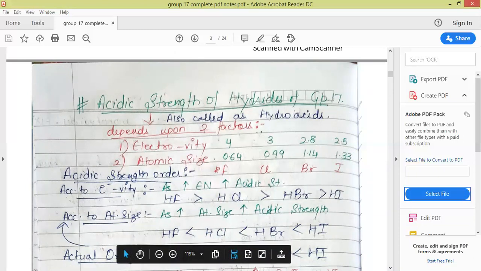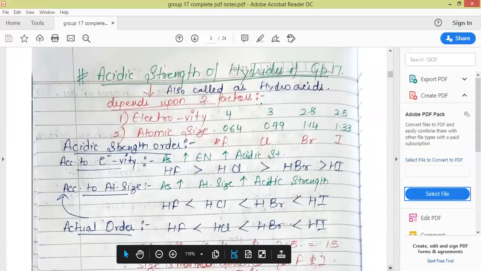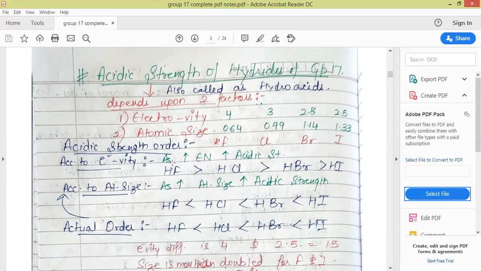As the acidic strength is related to electronegativity, if we increase the electronegativity, acidic strength increases. So based upon electronegativity, the acidic strength order should be HF greater than HCl greater than HBr greater than HI. This is the order if we just consider the electronegativity.